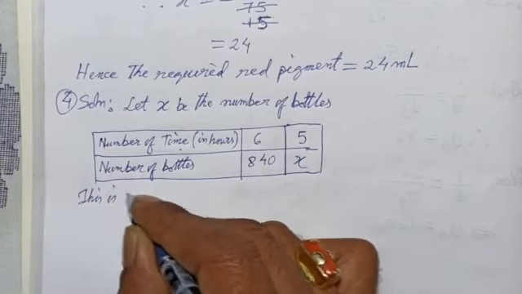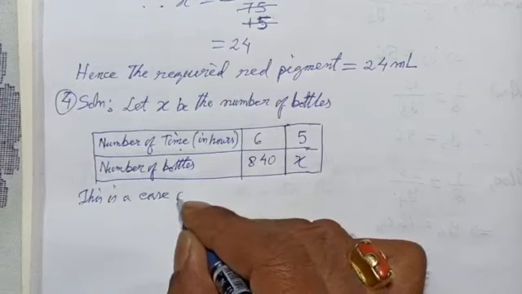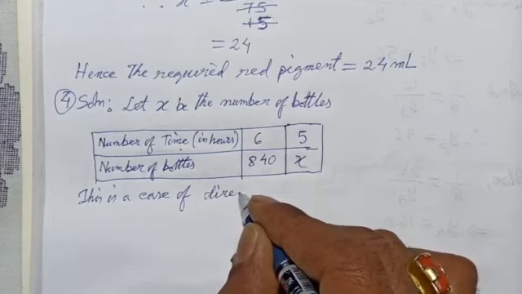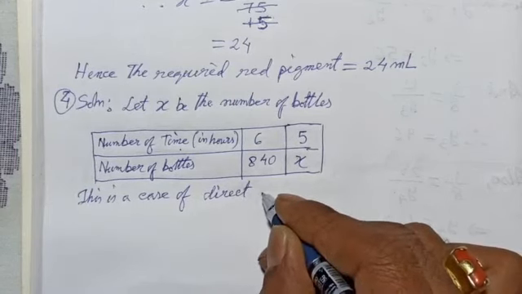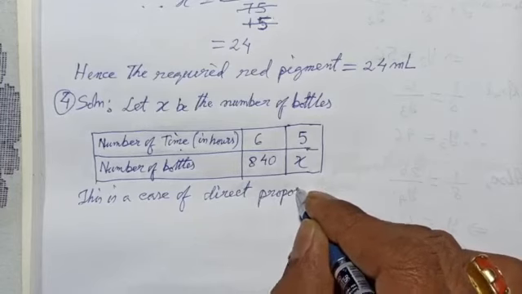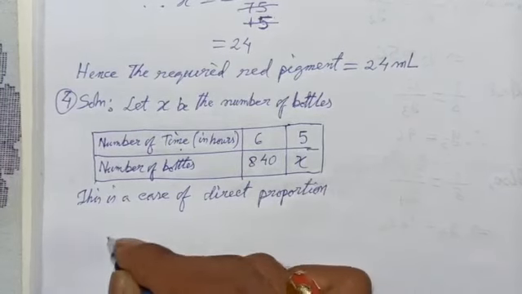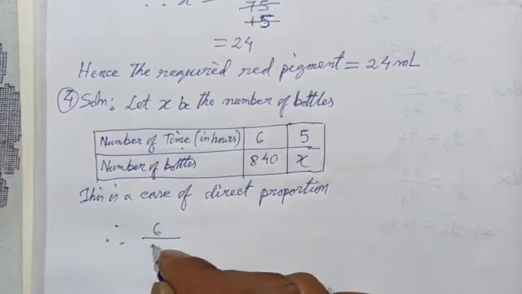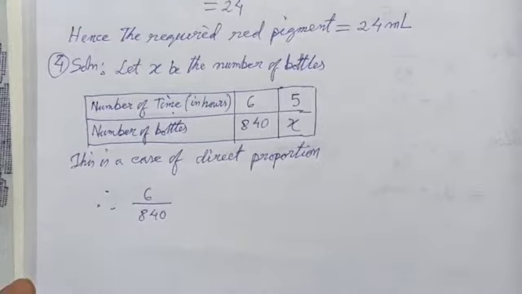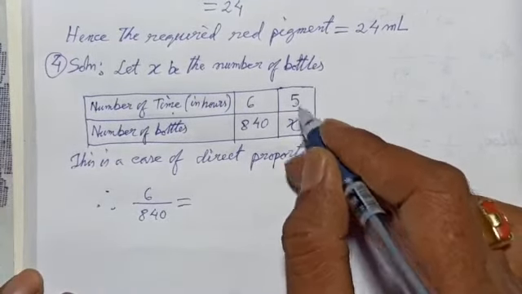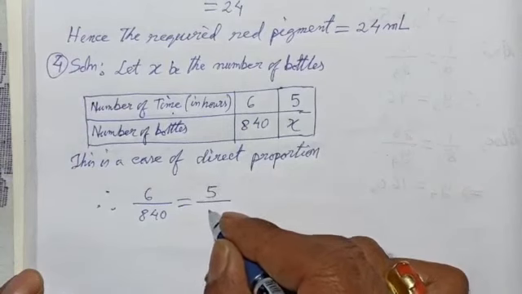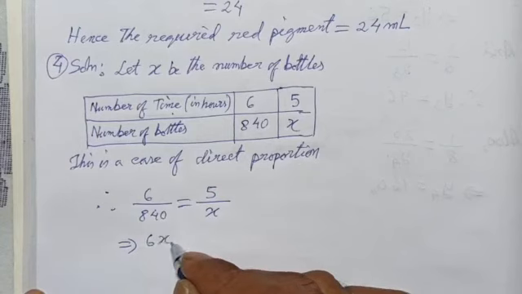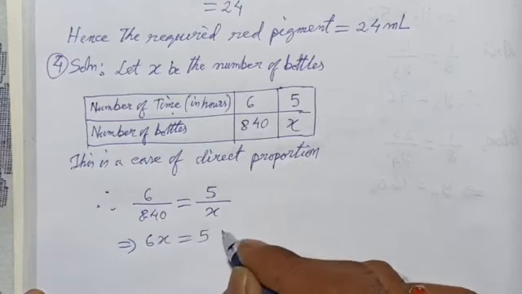This is a case of direct proportion. Therefore, 6 by 840 is equal to 5 by X. Now cross multiplication. 6 and X are multiplied, 6X, and 5 and 840 are multiplied.